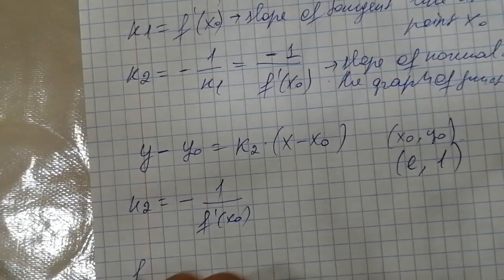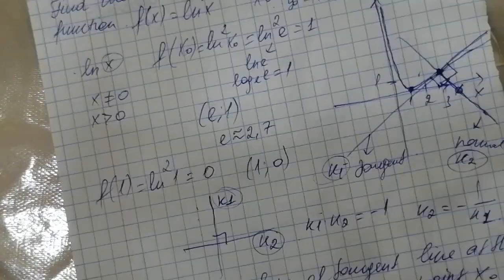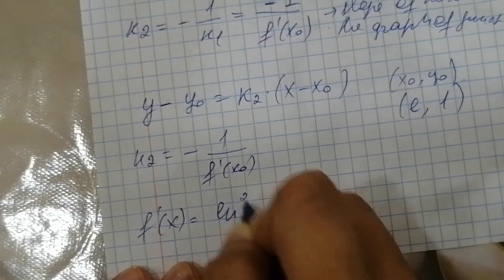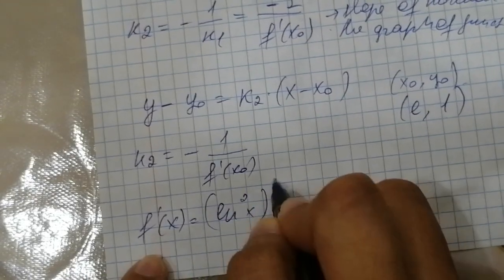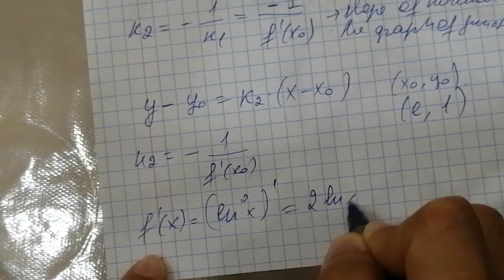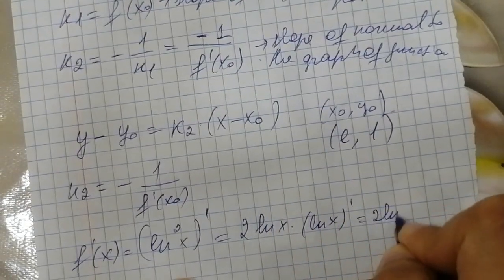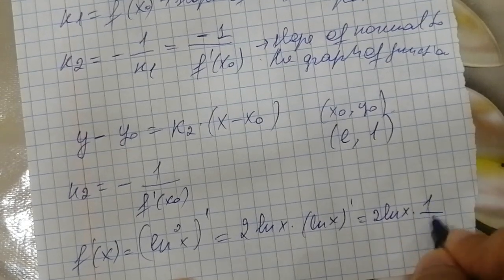But we didn't find the derivative of the function f of x yet. Our function is given as the square root of ln x. The derivative of it will be 1 over 2 times the square root of ln x times the derivative of ln x, and the derivative of ln x is 1 over x.